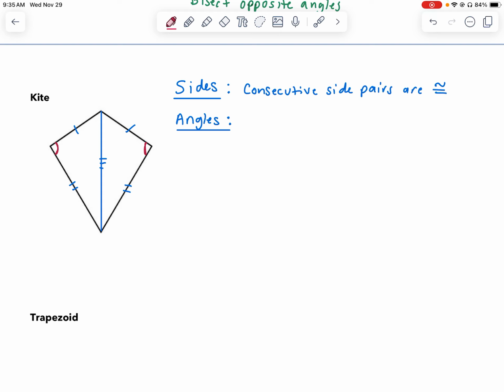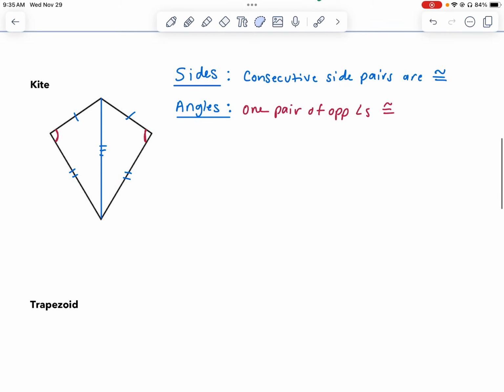So we have one pair of opposite angles that are congruent. The other pair are not congruent, and as you look at the diagram, they really don't look like they're the same size, and that is true to scale. Okay, so that's the angles, that is the sides.